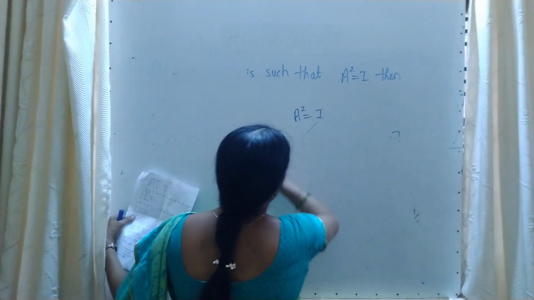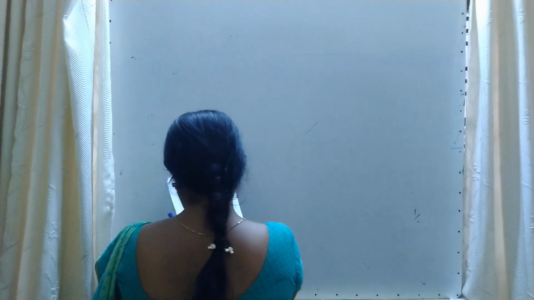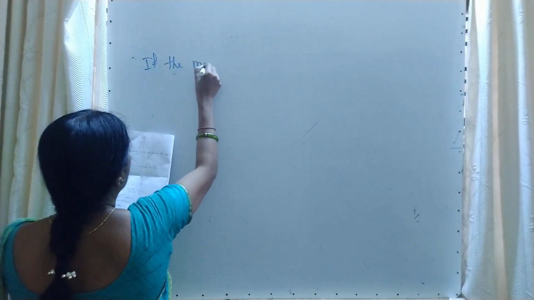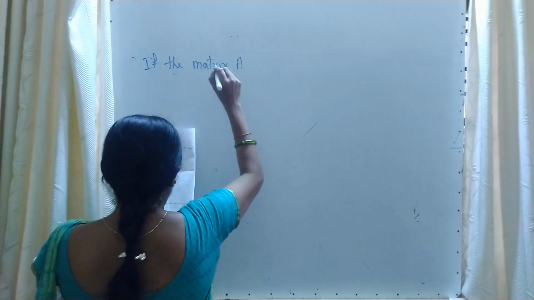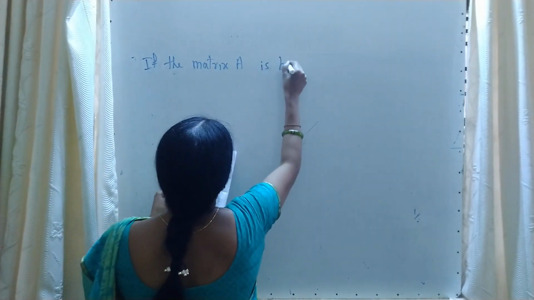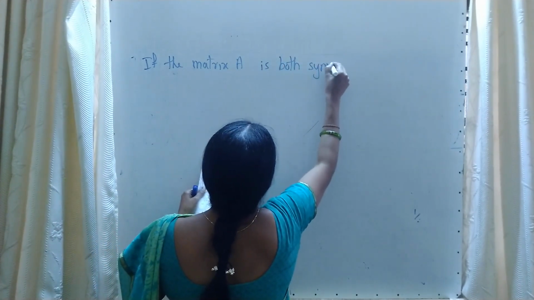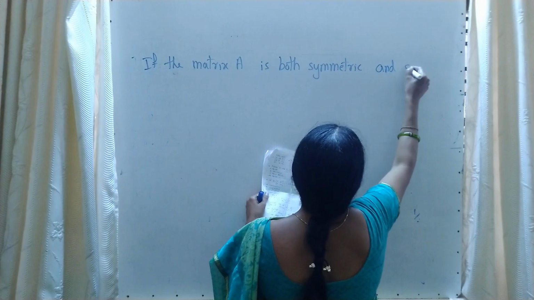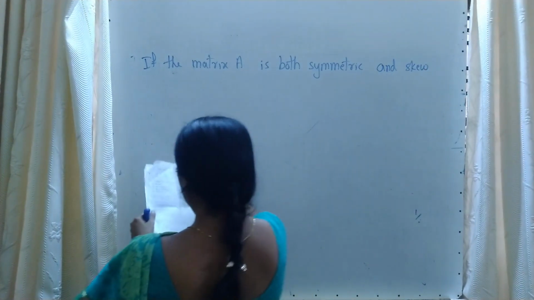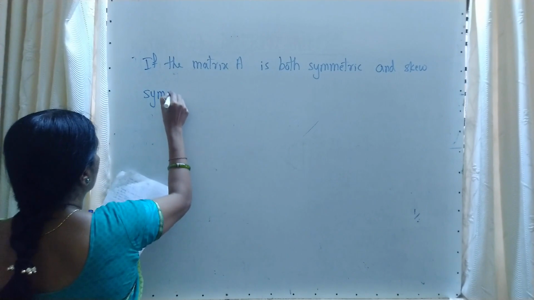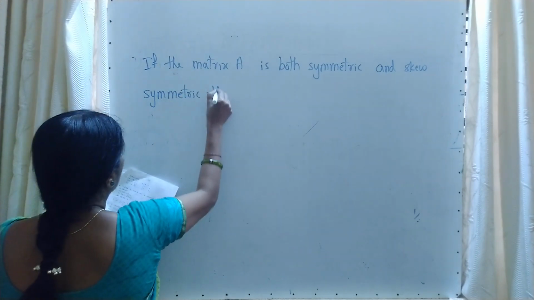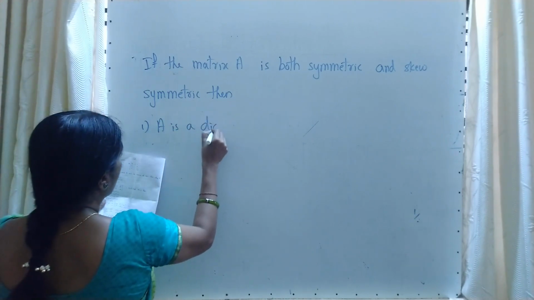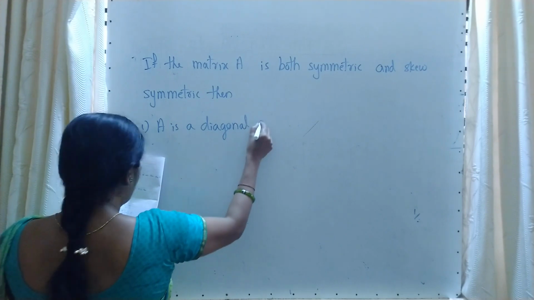Next question. If the matrix A is both symmetric and skew symmetric, then first one, A is a diagonal matrix.